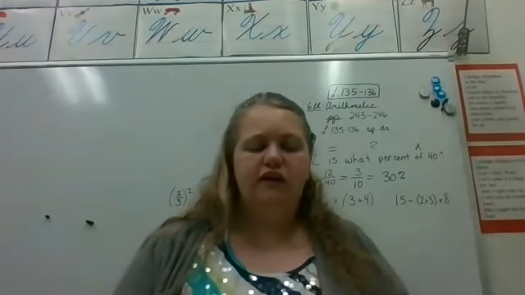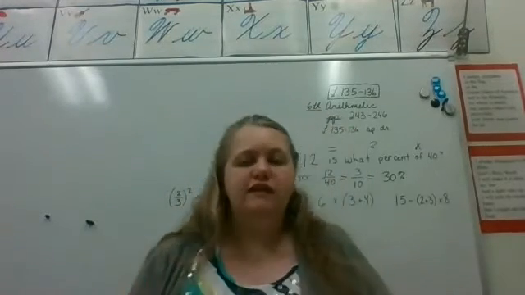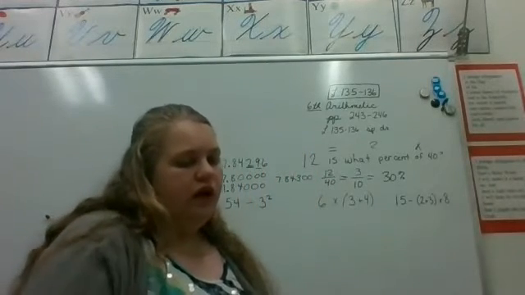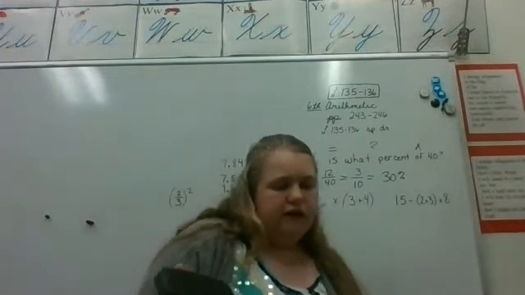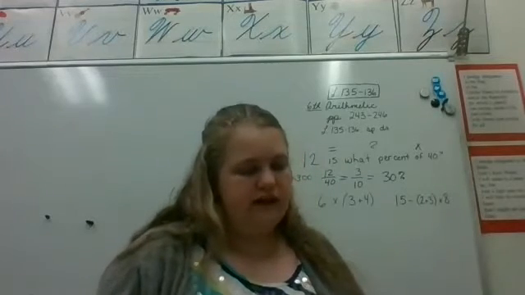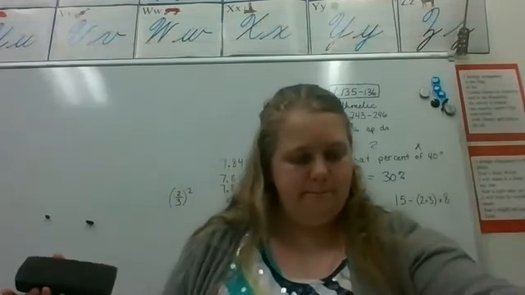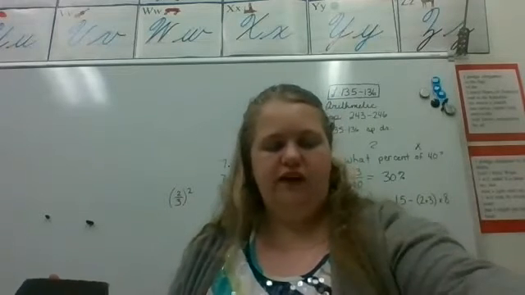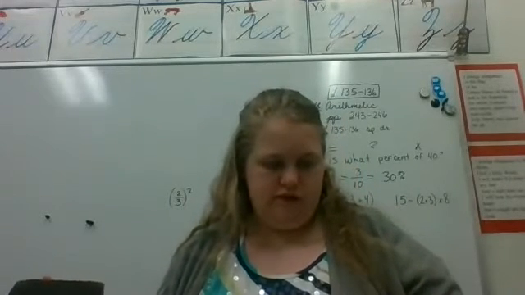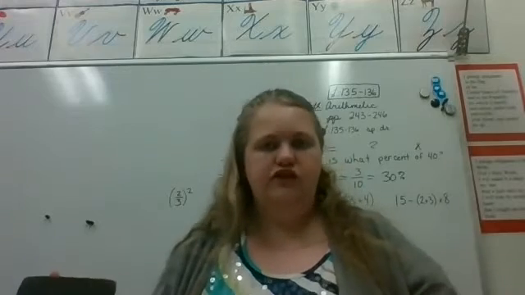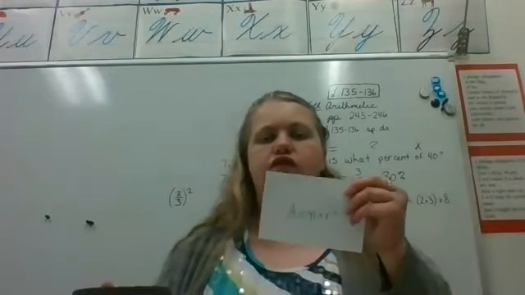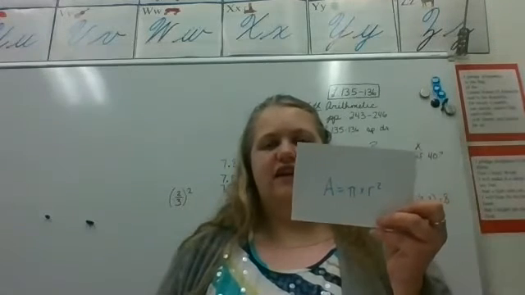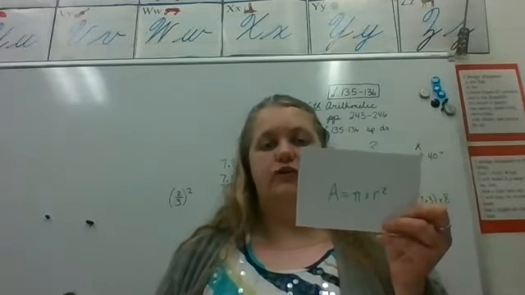All right, so we're gonna look at the order of operations. And this is the new stuff that we're learning. In our formulas that we've been doing, let me find the formula for, yes, okay, so in area of a circle, it's pi times r squared.